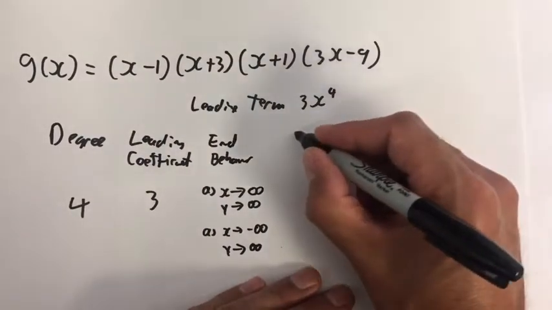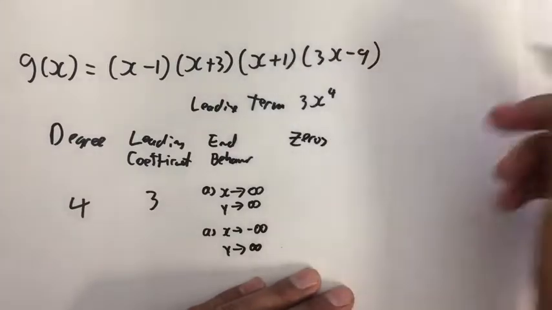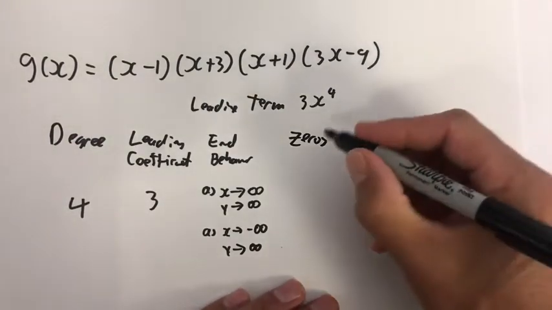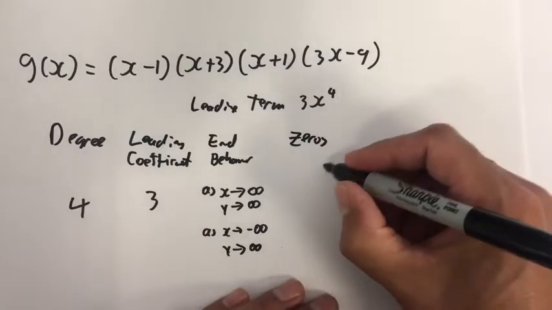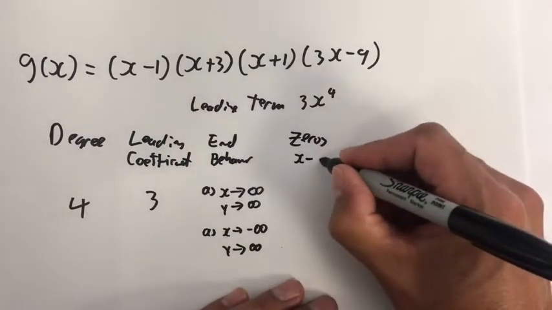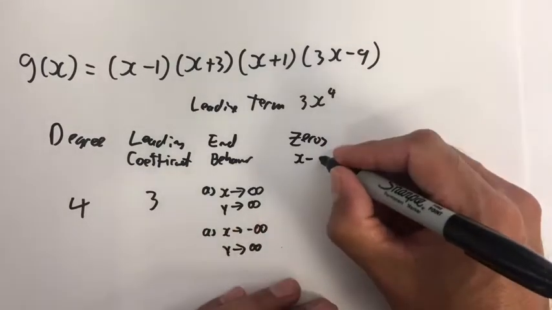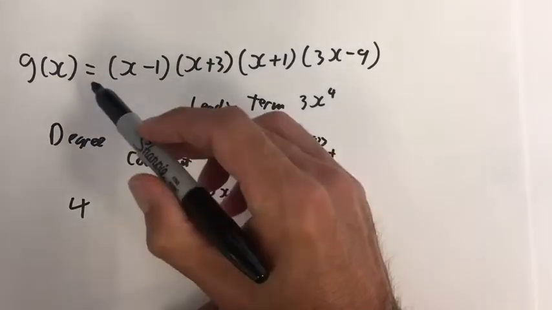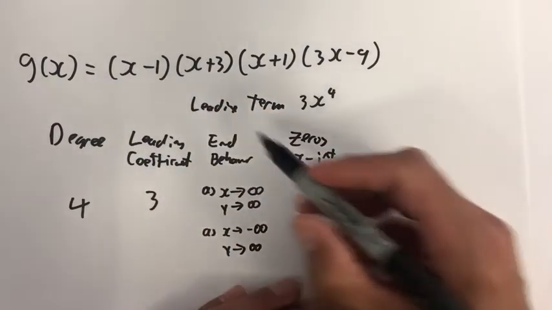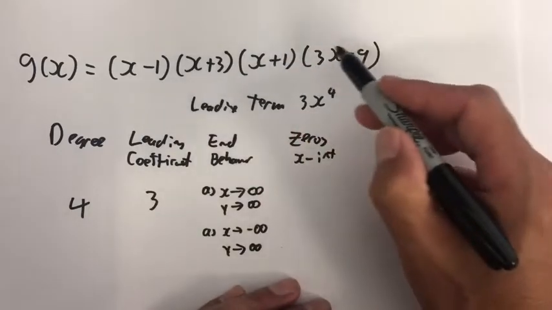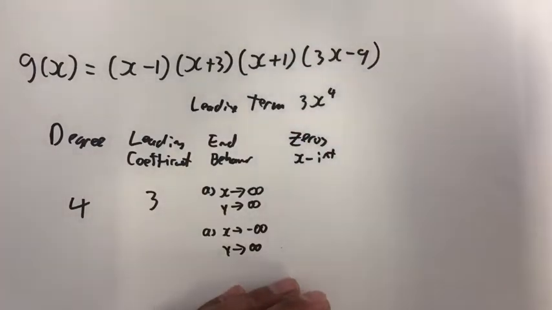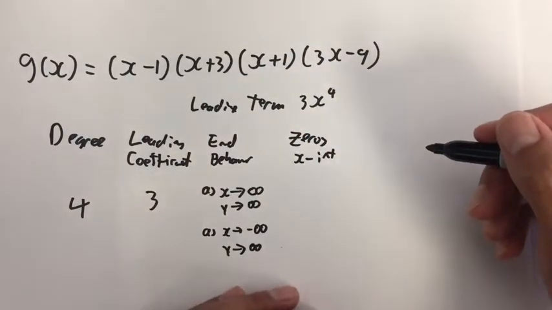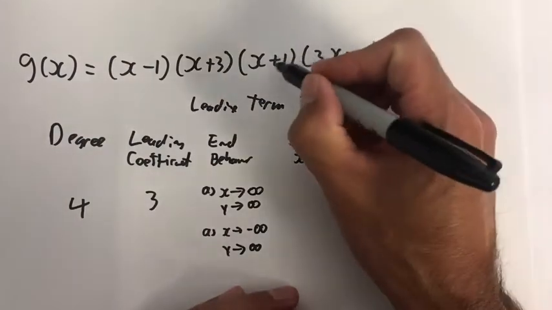I'm now going to look at my zeros. Sorry, y is going to be a 0. I'm going to be along the x-axis if any of these factors are equal to 0. Sorry, they're not terms, they're factors.